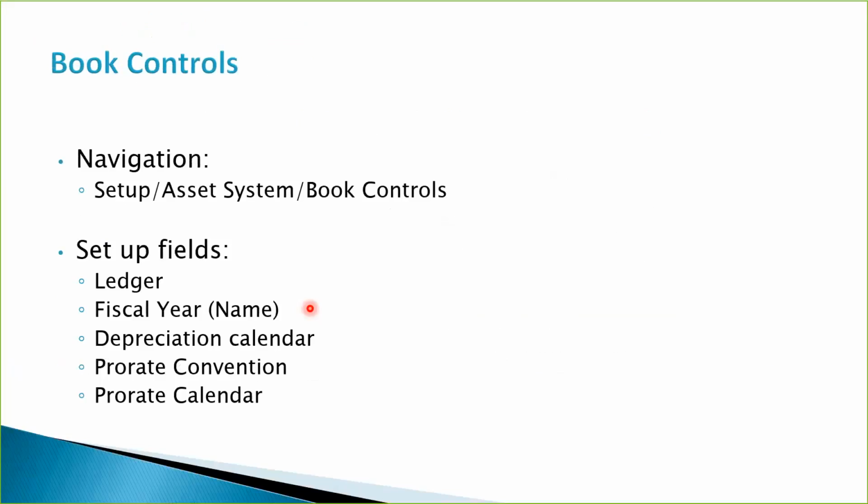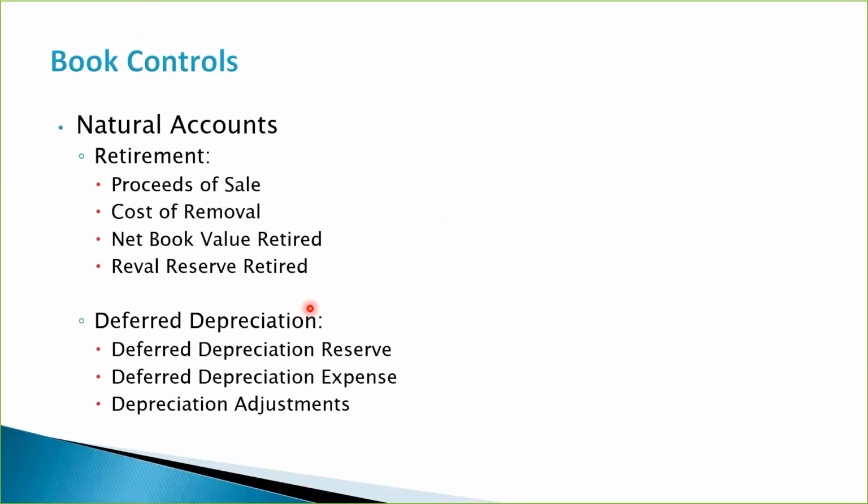So like we said, this is the navigation to go to the book controls via the FA manager responsibility. And these are the fields. We already dealt with these fields: the ledger, the fiscal year, the prorate conventions and calendars, and the calendar setups for book controls. And now we are dealing with the natural accounts. We talked about the accounts involved in retirement, okay?